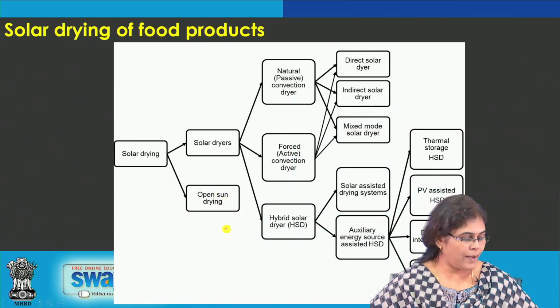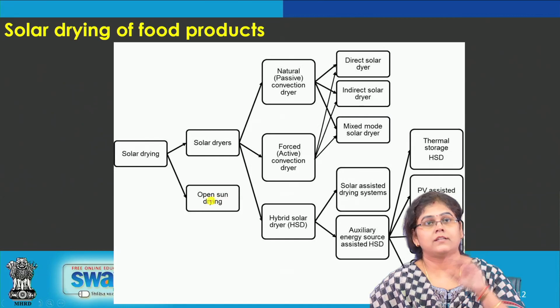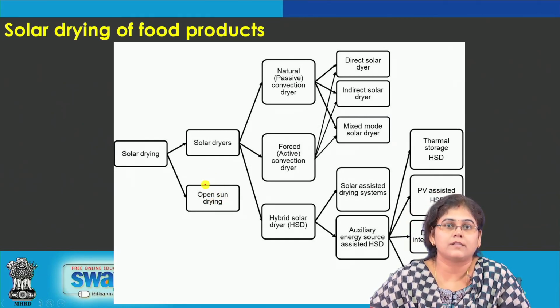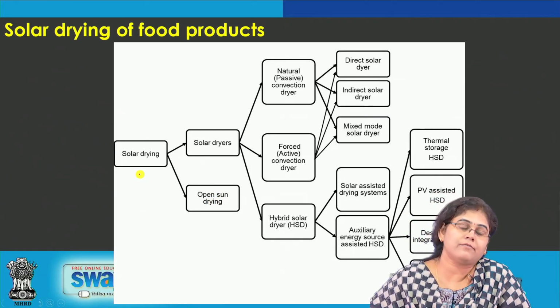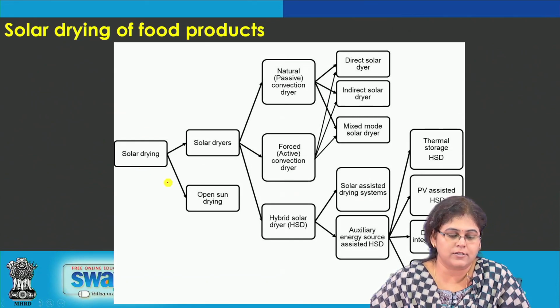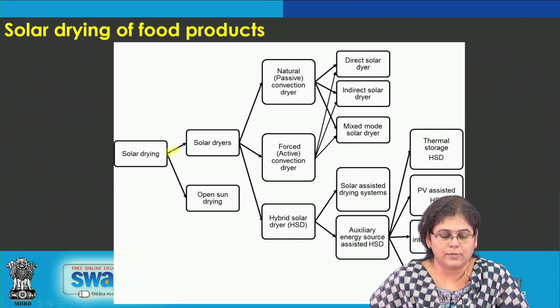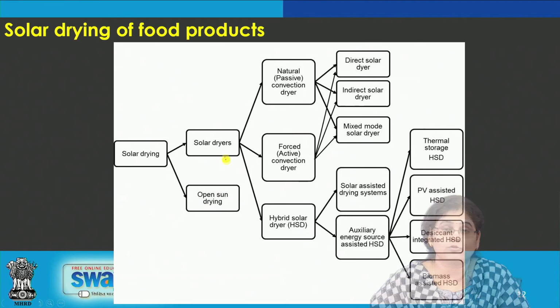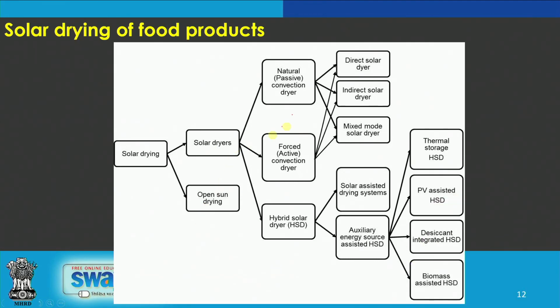Now, coming to the application of flat plate collectors in solar drying systems, as we have discussed in the first module, solar drying systems can be broadly classified into different types. They range from open sun drying to solar dryers: natural or passive solar dryers, forced convection solar dryers and hybrid solar dryers.